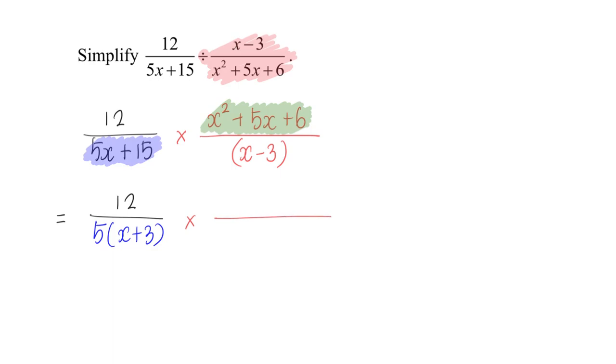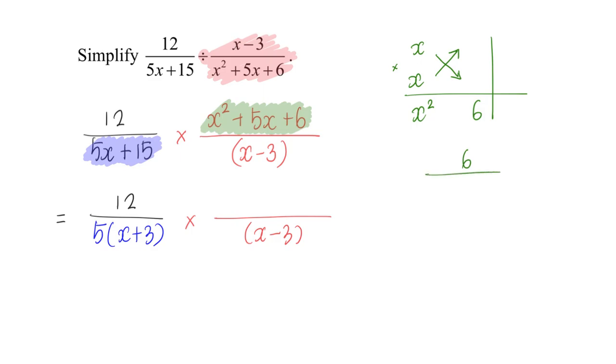As for x squared plus 5x plus 6, I would then make use of my cross chart to help me. So I'll have x squared here, x times x will give me x squared. And I will need to think about for 6, 1 times 6, 2 times 3, all positive.